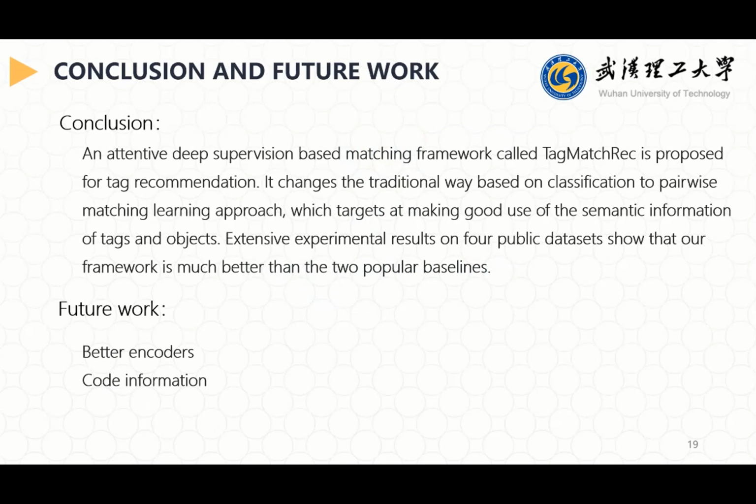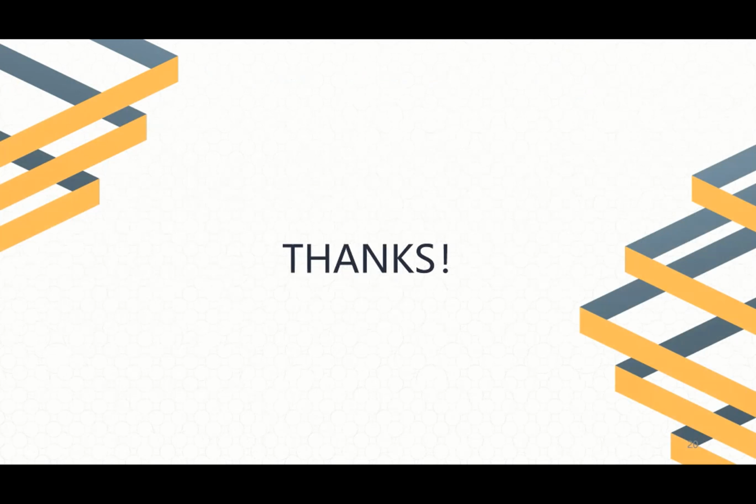Extensive experimental results on 4 public datasets show that our framework is much better than the 2 popular baselines. In the future, code information will be taken into account in our framework. That's all. Thanks.